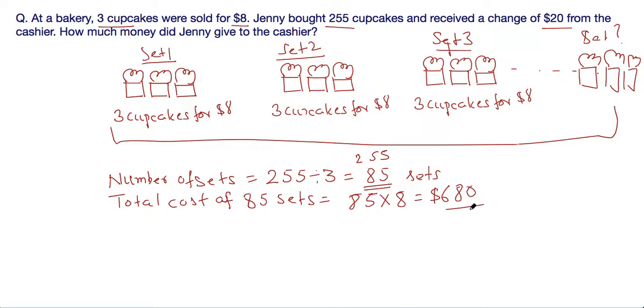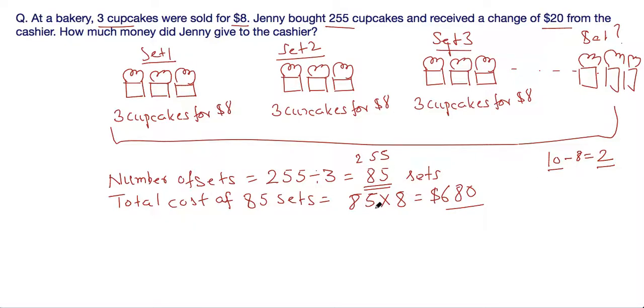How much change will the cashier return to me? He will subtract $8 from the $10 I have paid, and he will return me a change of $2.